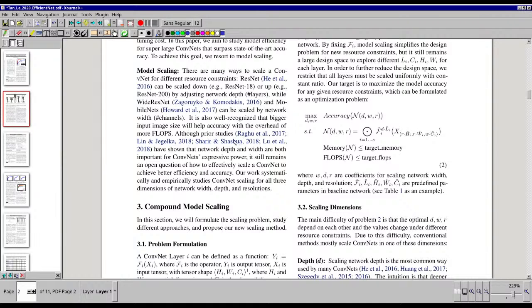Although prior studies have shown that network depth and width are both important for ConvNets' expressive power, it still remains an open question how to effectively scale a ConvNet to achieve better efficiency and accuracy. Our work systematically and empirically studies ConvNet scaling for all three dimensions of network depth, width, and resolution.